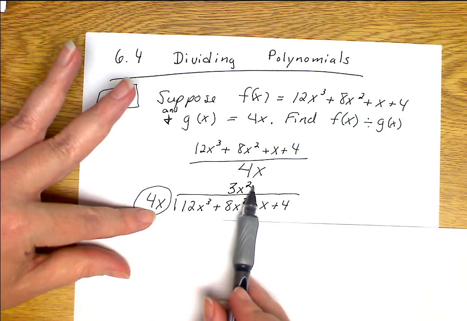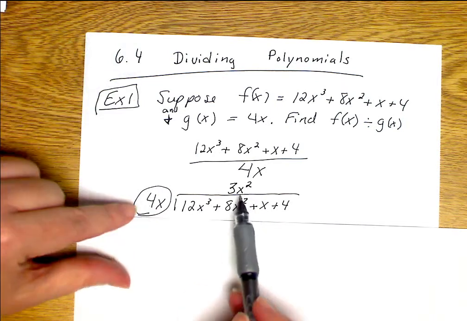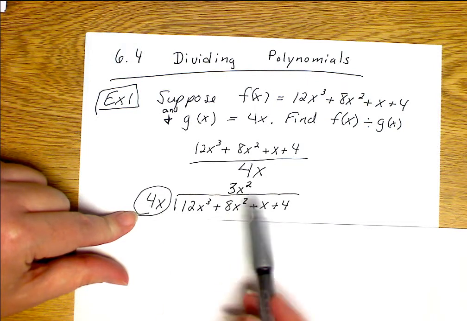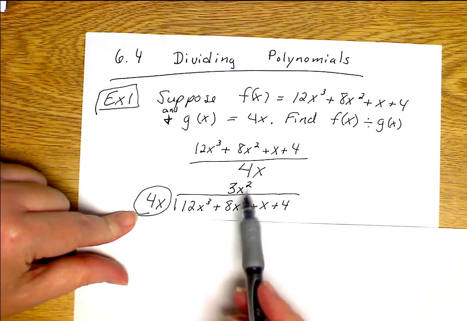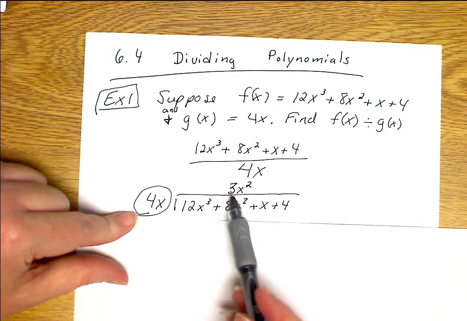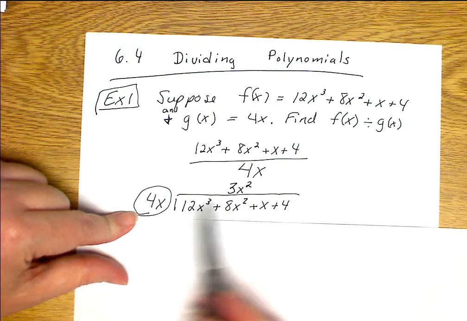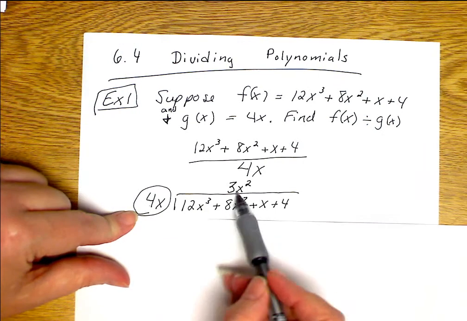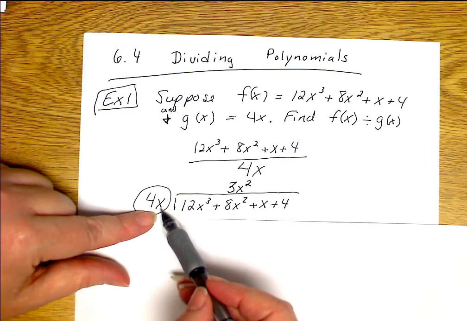Then you have to go through this side. This one is an easier one. It does get a little bit trickier, so we have to make sure we understand where these come from. 3 times 4 is 12. X squared times x is x cubed.